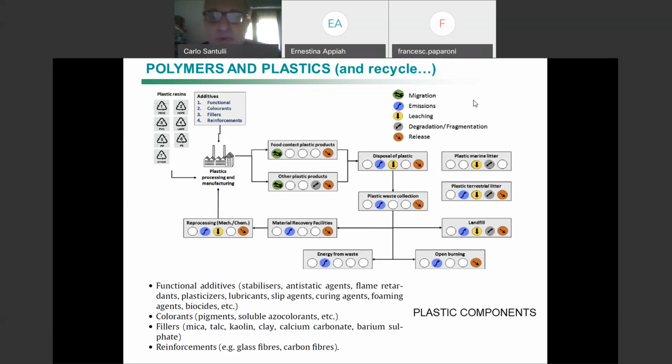sea. We know all too well about the activity which has been done by Greta in the last couple of years about microplastics. This is something we know well, and once they have degraded, please consider that there is not only biodegradation.